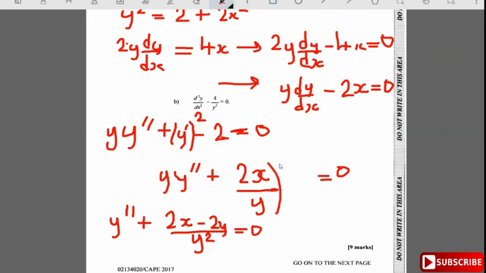All square minus 2. Now it's going to simplify and work out.